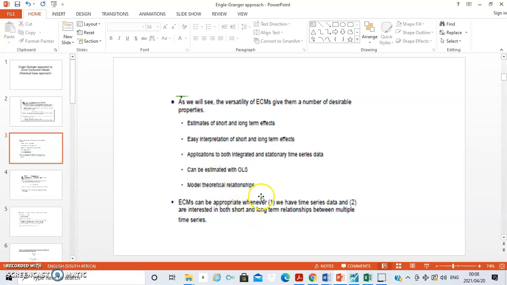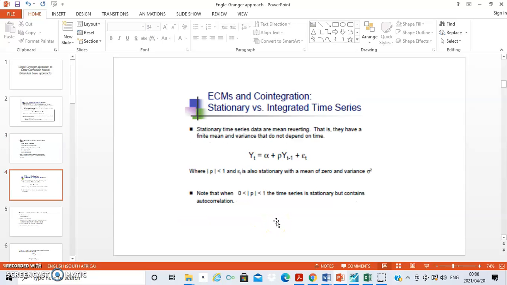And as we indicated earlier, the error correction model is appropriate when we have time series data and we are interested in the short-term and long-term relationship between a number of variables.